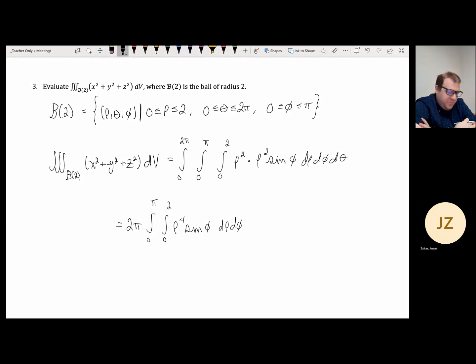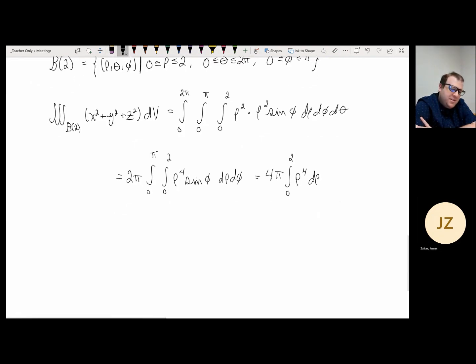Rho doesn't depend on phi. Remember we said the integral from 0 to pi of sine of x was 2. So I can just get rid of that right now and write this as 4 pi times the integral from 0 to 2 of rho to the 4th d rho.